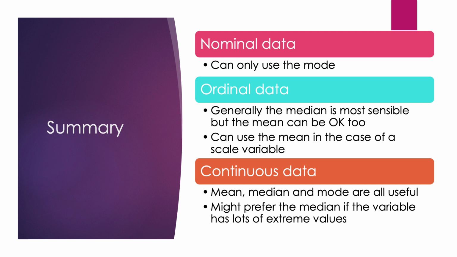And finally, for continuous data, which is just pure numeric values that have a distance between them, that may or may not have a true 0 point, the mean, the median, and the mode are all very useful, but you might prefer the median if the variables have a lot of extreme values. And we will be exploring these measures of central tendency in the following Excel and R application videos.